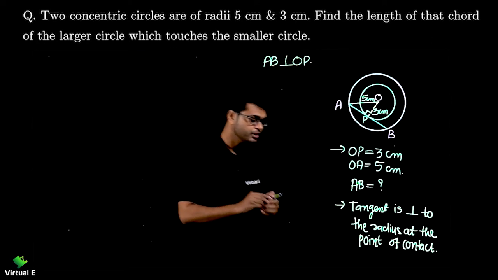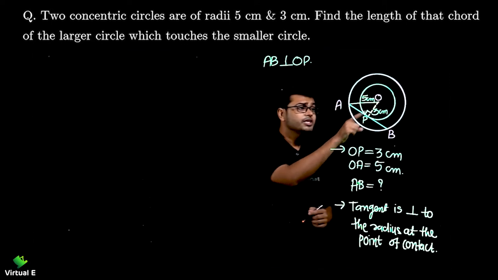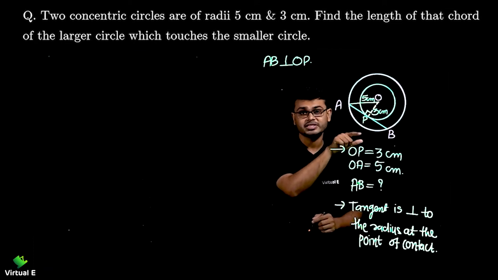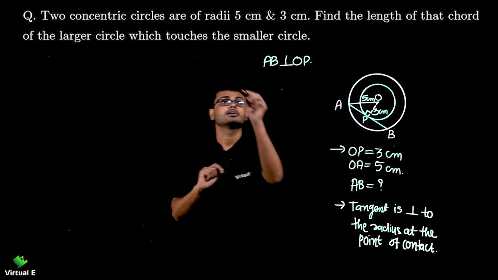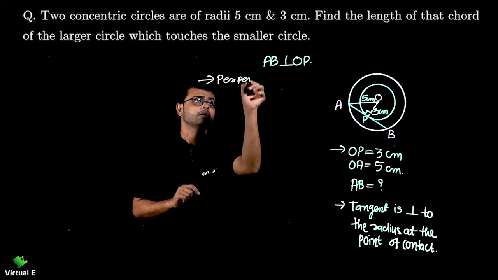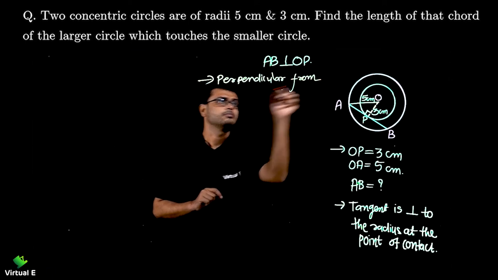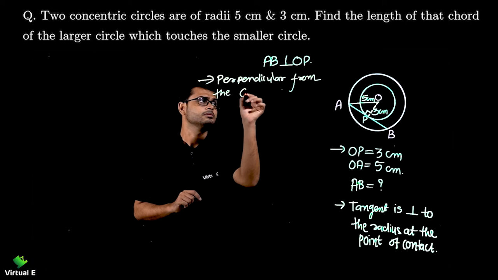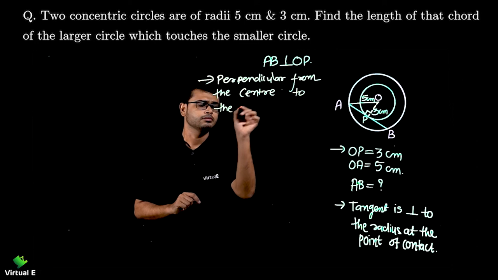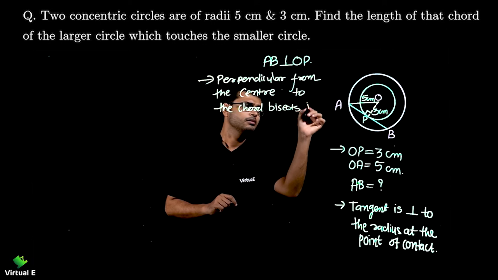Now let's come to the chord. What do we know about the chord? We learned in grade 9 that if we draw a perpendicular from the center to the chord, it bisects it, right?